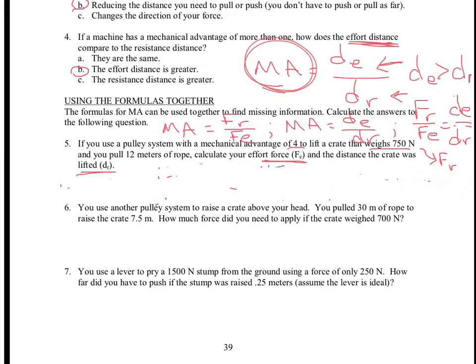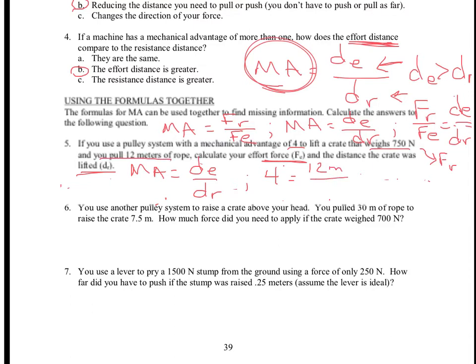All right, so same different equation, looking for MA equals DE over DR, and this time we're looking for DR, the resistance distance. So my MA is still 4. My effort distance is 12 meters because it says I pulled 12 meters of rope.